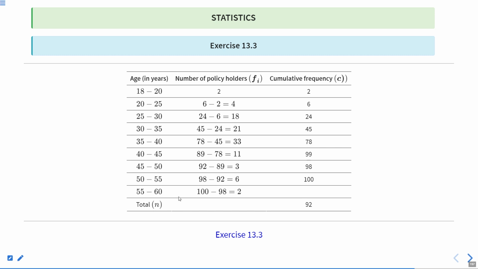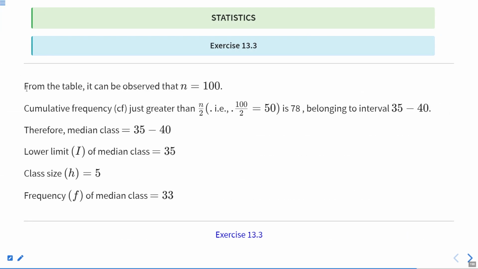From this table it can be observed that N is equal to 100. Here N is equal to 100, and we look for the cumulative frequency CF just greater than N by 2, that is 100 by 2, equal to 50. That is the cumulative frequency 78, belonging to the interval 35 to 40.